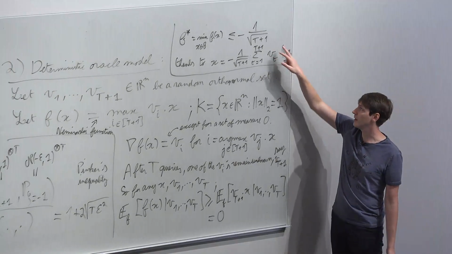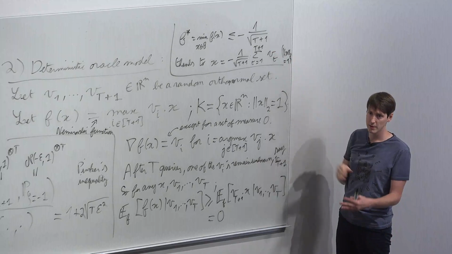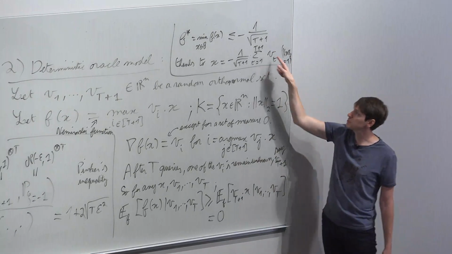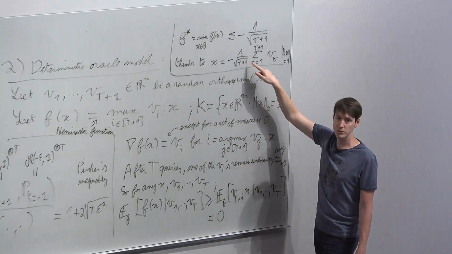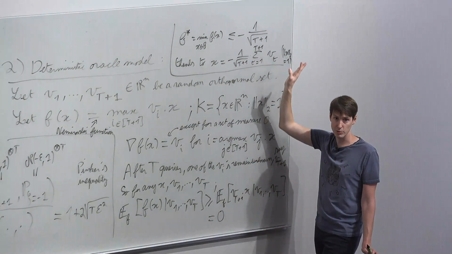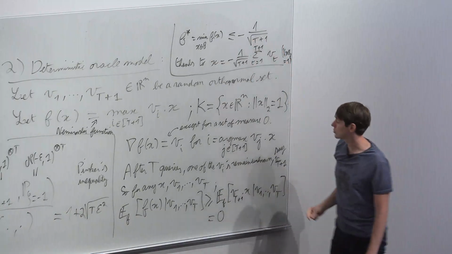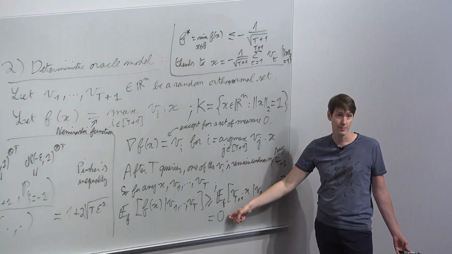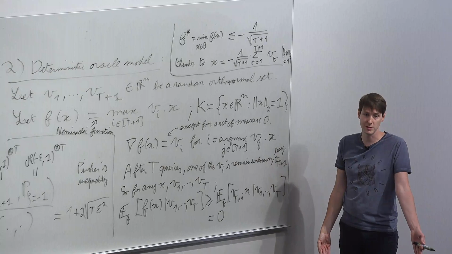The same thing here: I write a point in the sphere of dimension t plus 1, using this combination of the Vt's. Now, if I have this point, then every inner product is minus 1 over square root t plus 1. So the max is minus 1 over square root t plus 1, and the optimal value of this function is minus 1 over square root t plus 1. But if I make t queries, I'm stuck at 0, which is, by the way, what I could get just by querying the point 0.